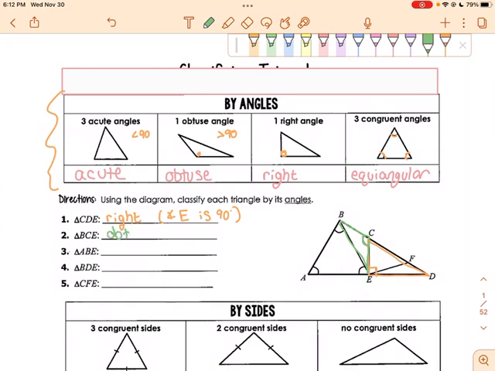So you're looking at the size of the angles. B and E are acute, but C is obtuse. So this would be an obtuse triangle. You can say angle C is the obtuse one. Then we have ABE, which hopefully we notice they have all the same markings in the angles. So that is called equiangular.